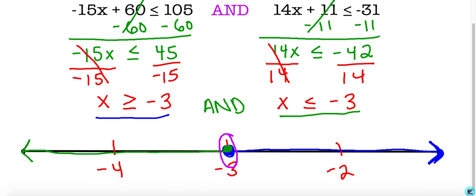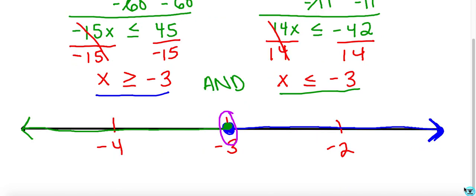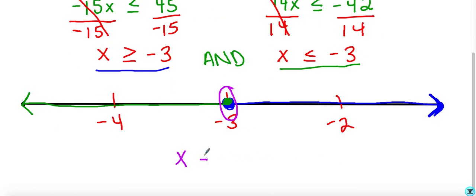So in this case, x could only equal negative 3 for it to be true for both statements. For example, if I put 2 is greater than or equal to negative 3, it's true for this inequality, but not for the second inequality. Negative 3 is the only number that we could substitute x for, and it'll be true for both.